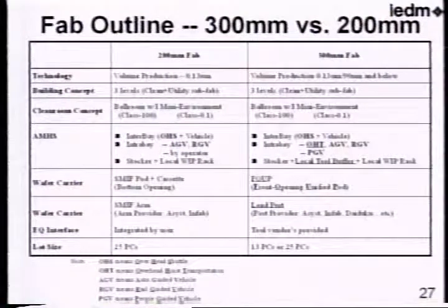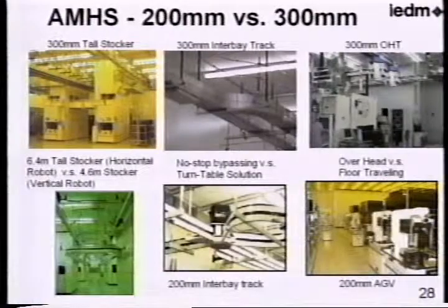So 200 millimeter versus 300 millimeter, actually the FOUP and those OHTs are the key difference from the fab operation or manufacturing point of view. I'm going to describe that in the following slides.